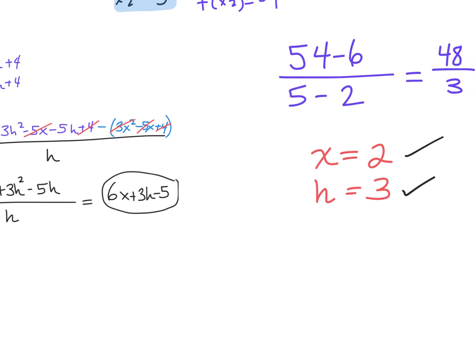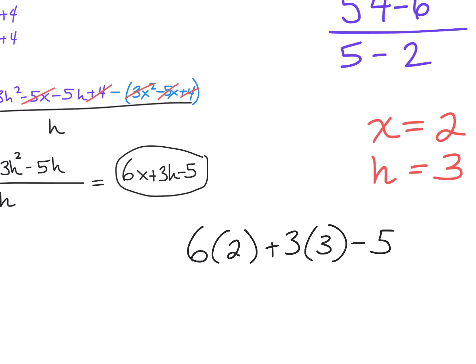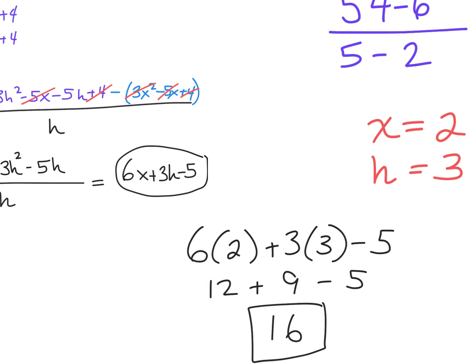So if I were to plug just those x and h values into my final answer, I would have 6 times 2 plus 3 times 3 minus 5. So I'm going to evaluate this. I'll get 12 plus 9 minus 5. 21 minus 5 is 16.